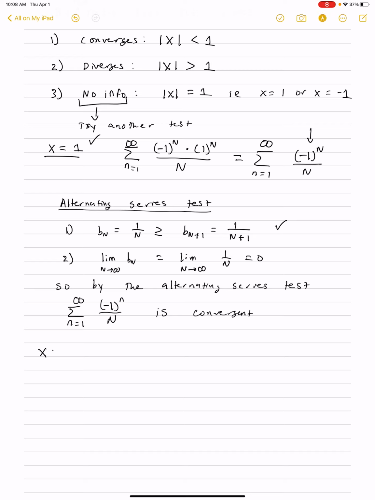Now let's try x equals minus 1. Okay, well, the series that I'm going to get is the sum from n equals 1 to infinity of minus 1 to the n multiplied by minus 1 to the n divided by n. And, using properties of exponents, I can combine those two.